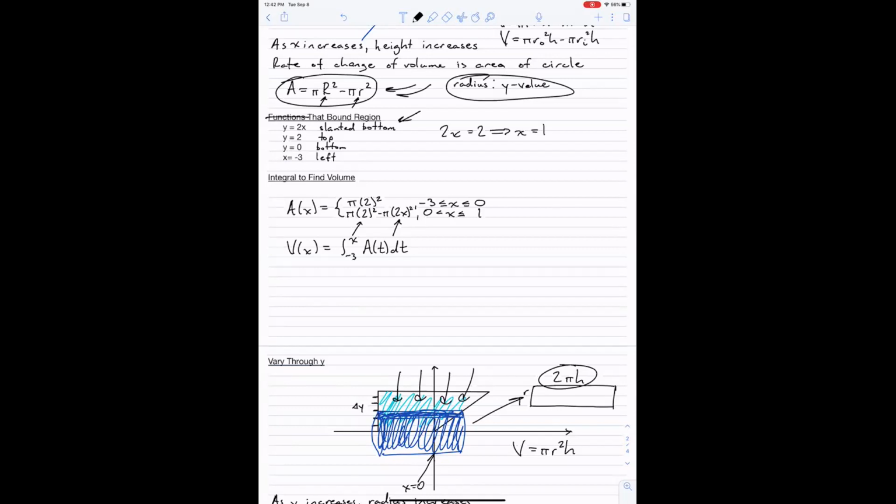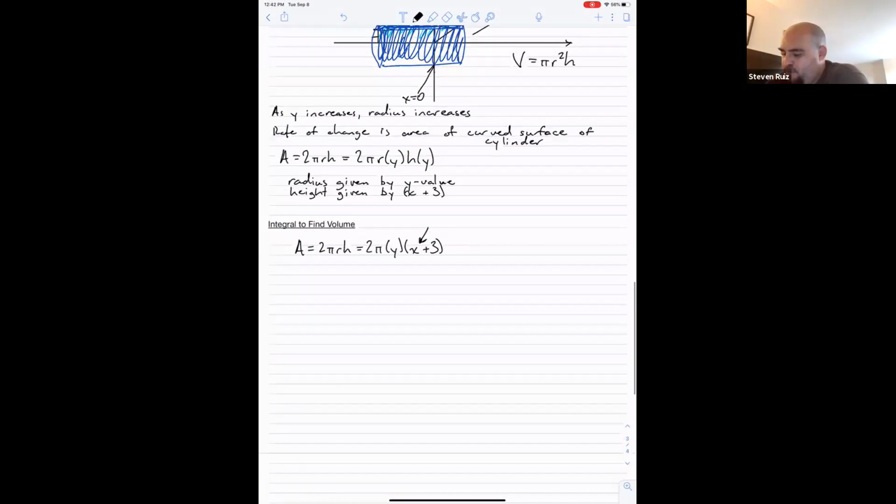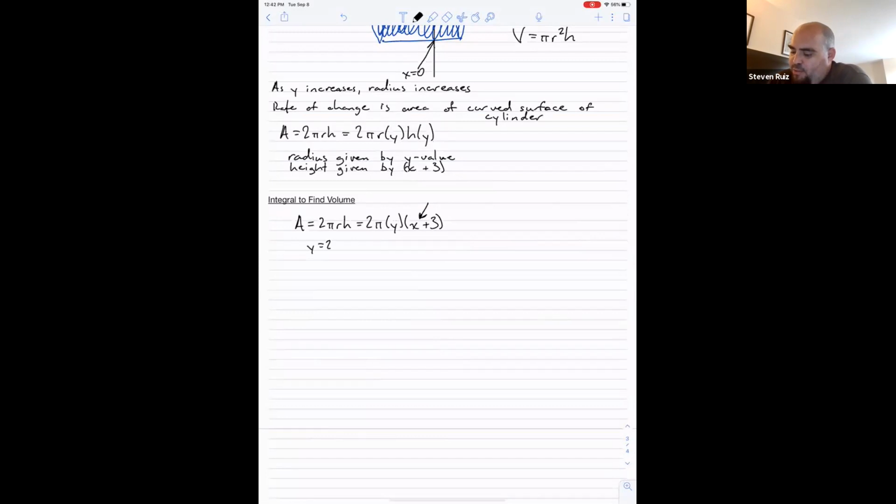Yeah, so we know that y is equal to 2x, that was given. So I can rearrange and get that x is equal to y over 2. So now I feel good about making my full rate of change function 2 pi times y over 2 plus 3.